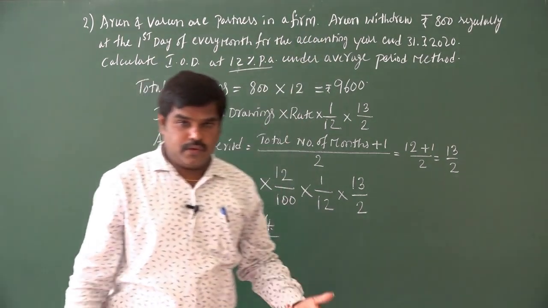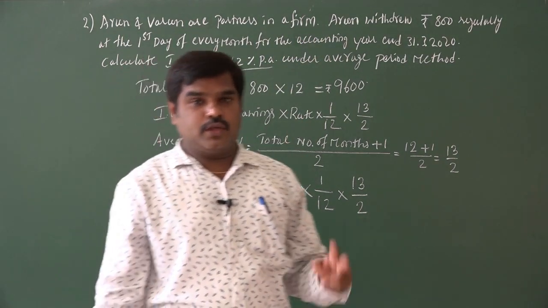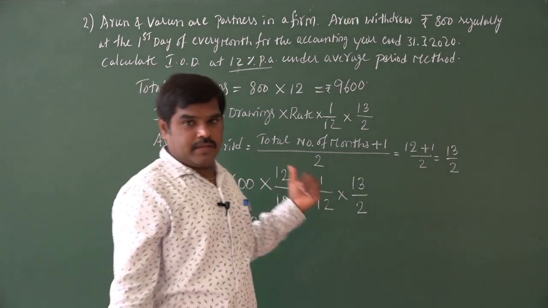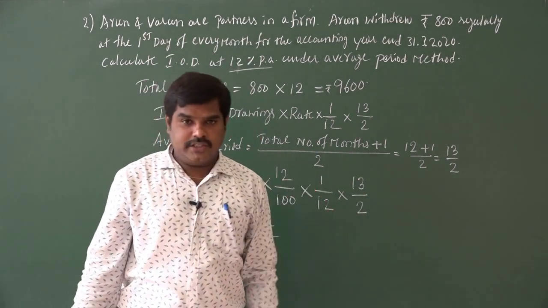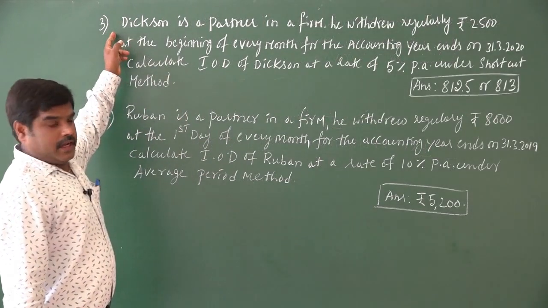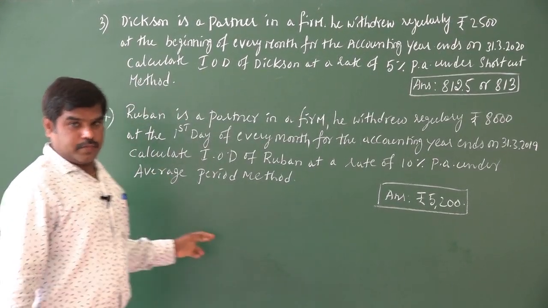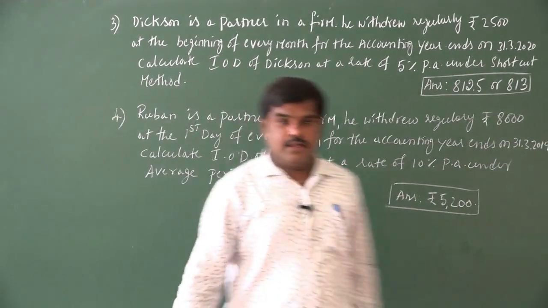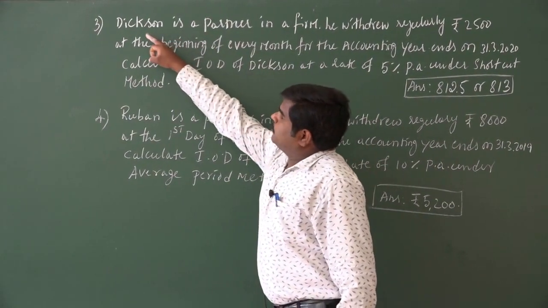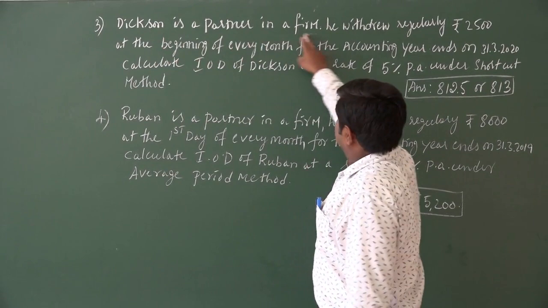Now what I am going to do is write 2 problems on the board for the first method, at the beginning of every month. Solve problem number 3 and problem number 4. Try these 2 problems. I have even written the answers. Dixon is a partner in a firm.